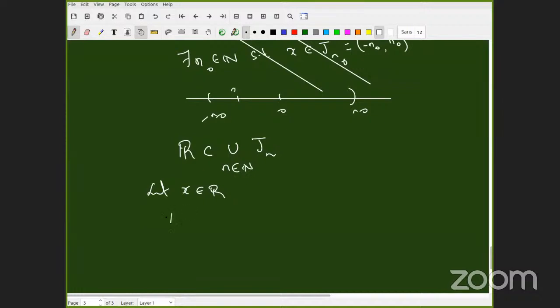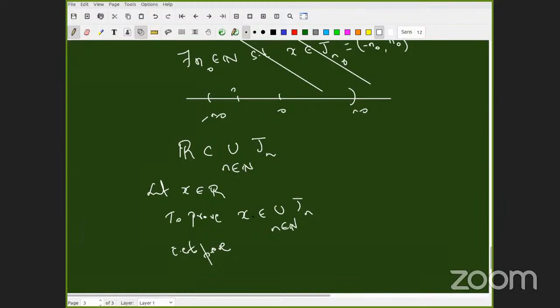Very good. I'm writing all the steps so that you understand. For the union over n in N of Jn, what do I have to prove? Somebody else. What is to be proved?